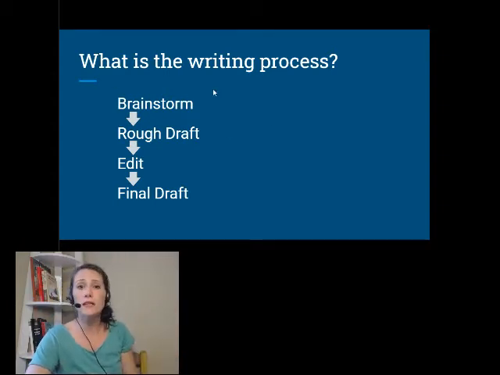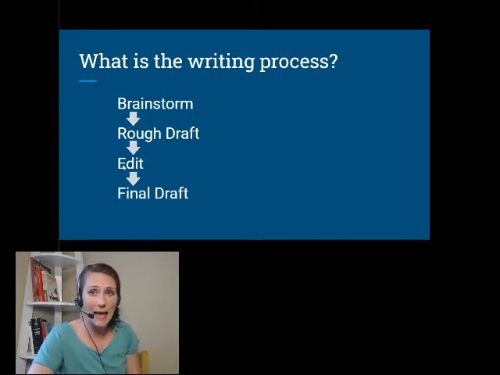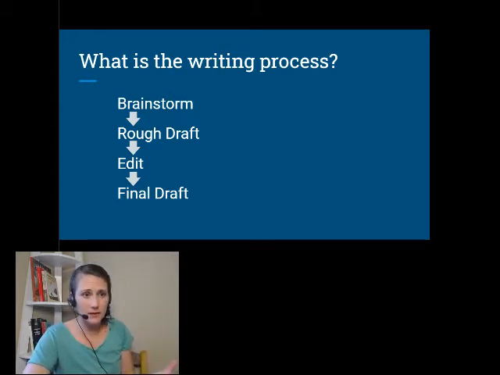Okay, so we've brainstormed, we've created a rough draft. The third step would be editing. Now, obviously, editing and revising are going to look very different depending on how old your child is. Editing is actually correcting the grammar and the capitalization, punctuation.